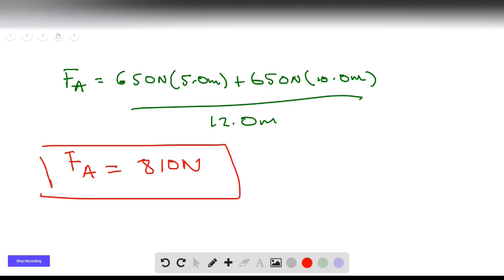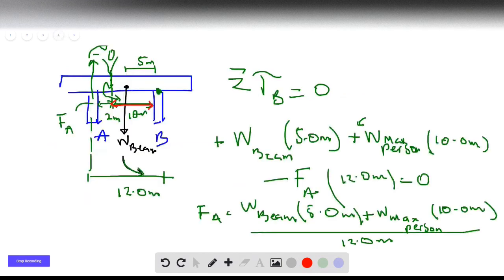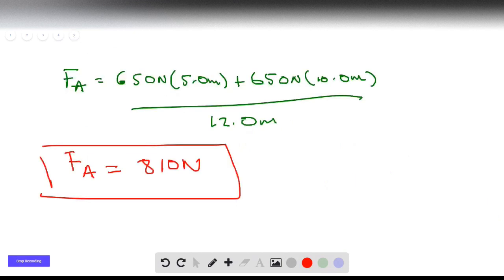That's the force that A exerts right here. This force is 810 newtons if the person stands a distance of 10 meters from B.